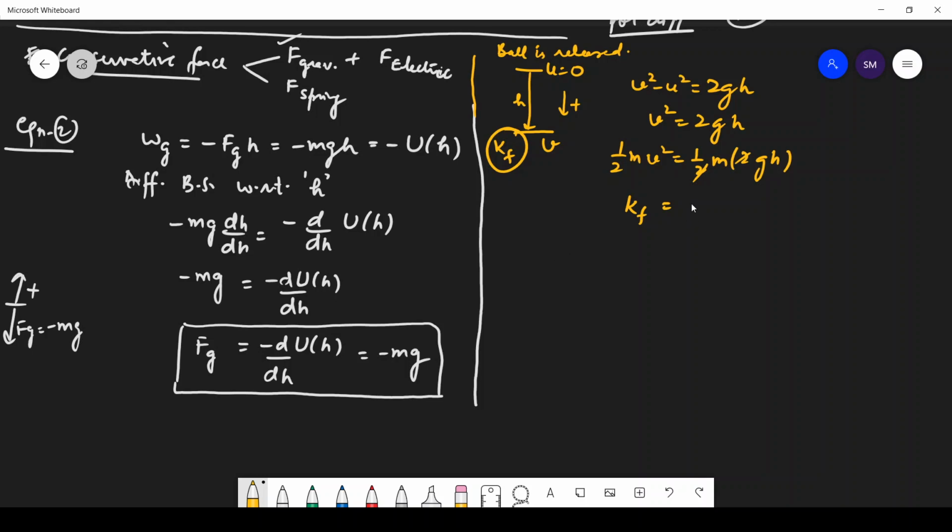So mgh was equal to your potential energy which was stored, right? So this was the potential energy over here, mgh. And this potential energy is exactly converted to kinetic energy. This is another property of conservative force. So I am telling you that the potential energy stored is converted into kinetic energy.